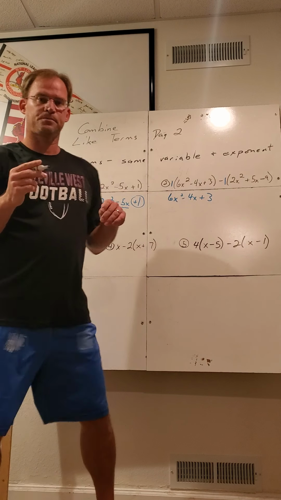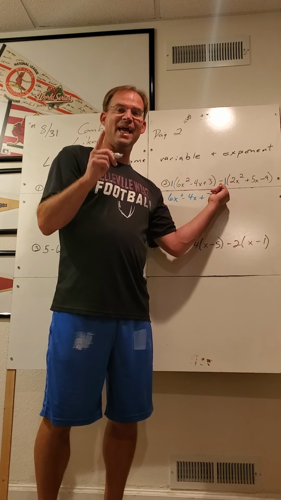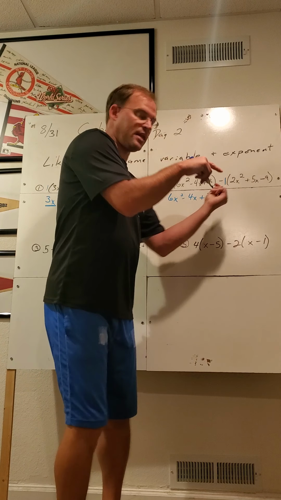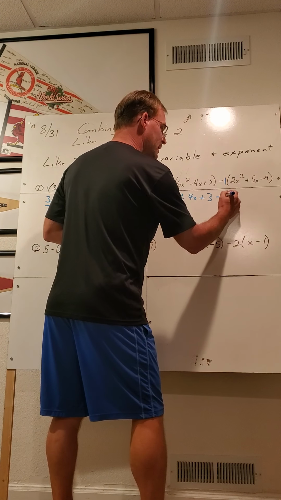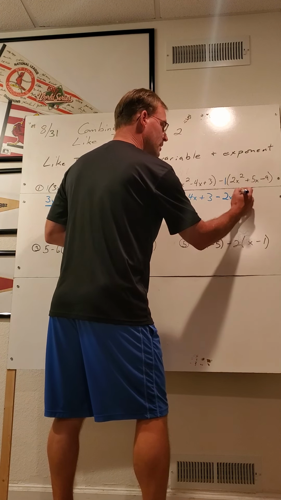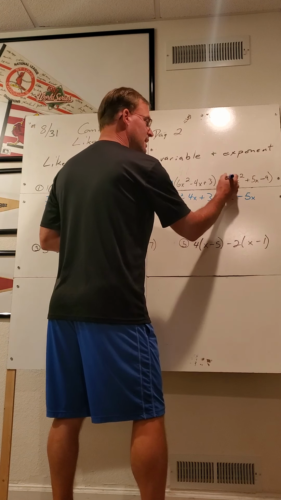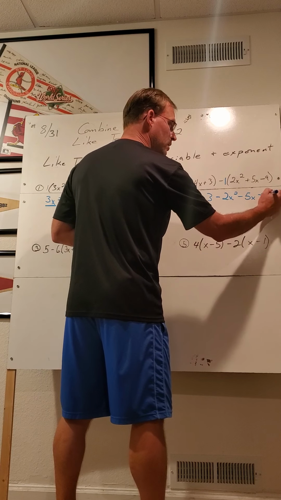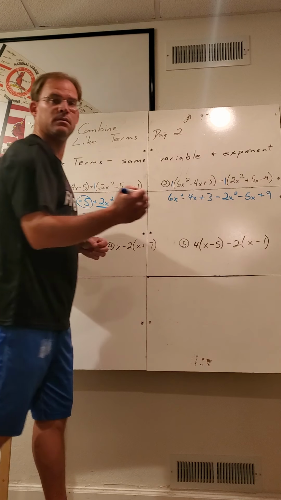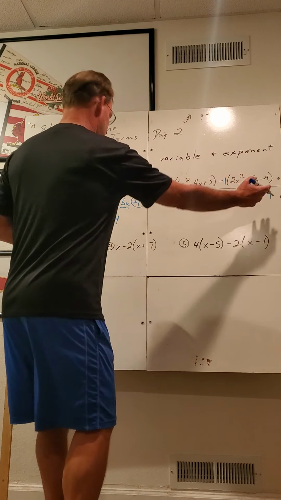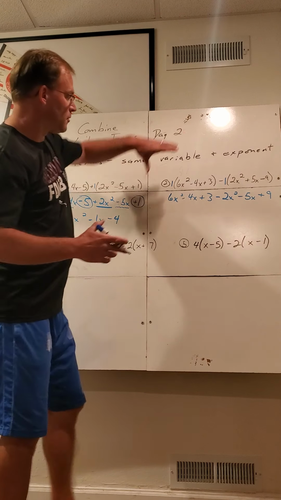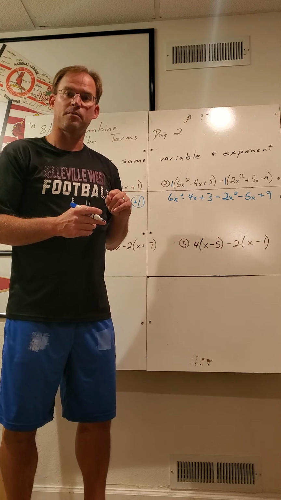What's in front of here? A negative 1. So now when I distribute the negative 1, this is going to be minus 2x squared. Negative 1 times positive 5 is minus 5x. Negative times negative, plus 9. So now, again, I've got it down to one problem instead of subtracting 2 problems.